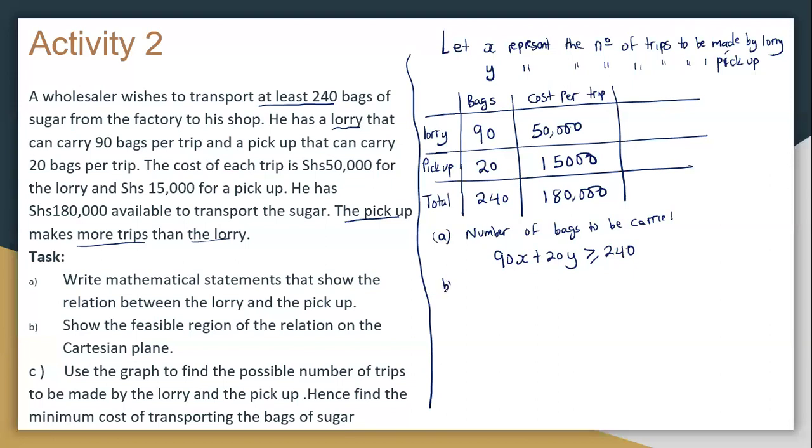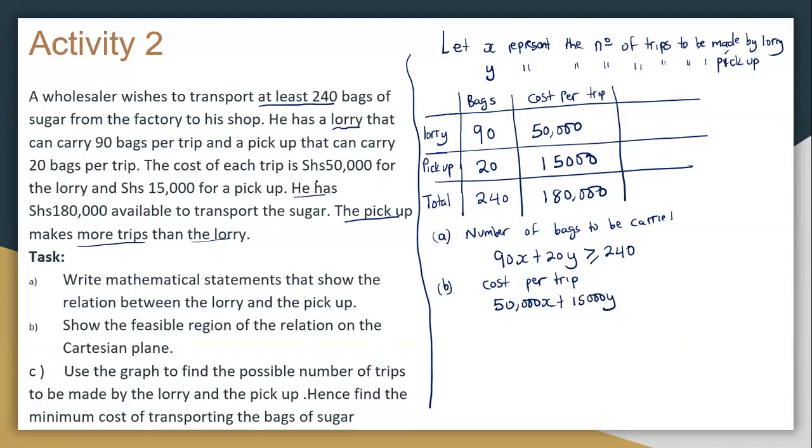Then part B, the other inequality, the cost per trip. Still I go back. I'll have 50,000x plus 15,000y.